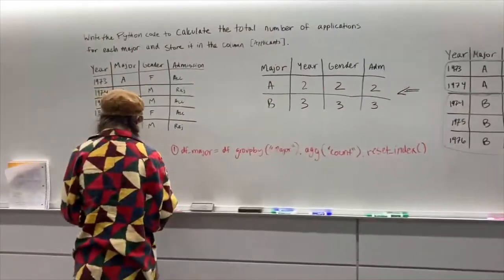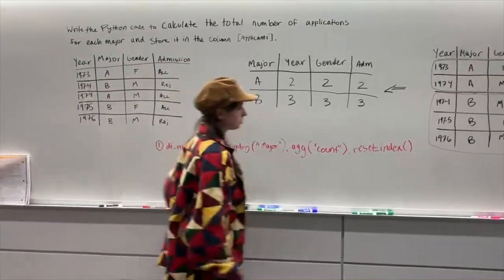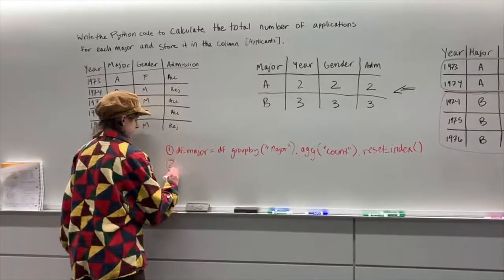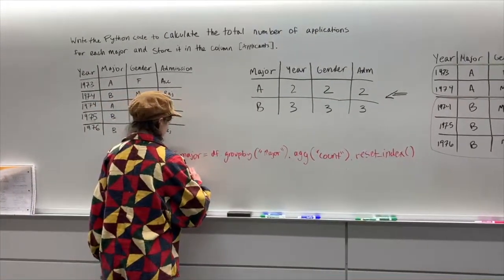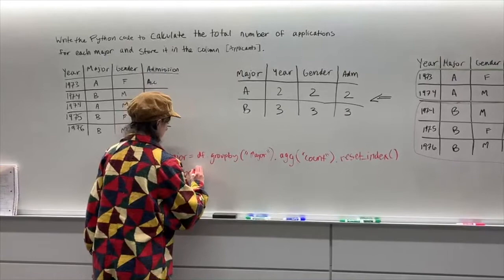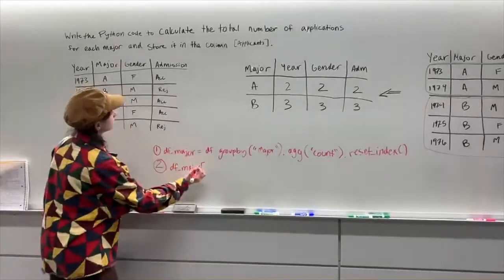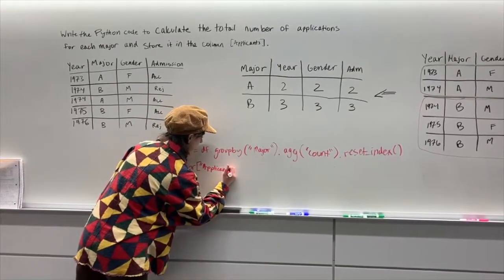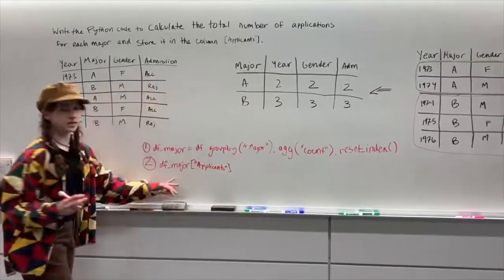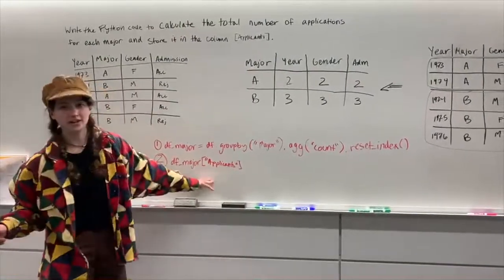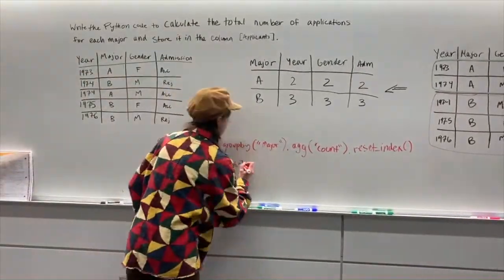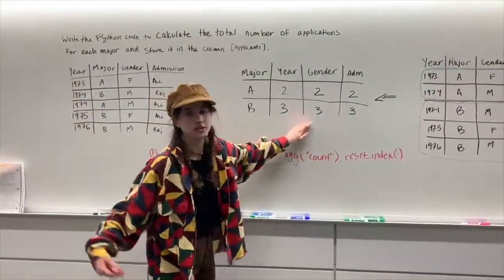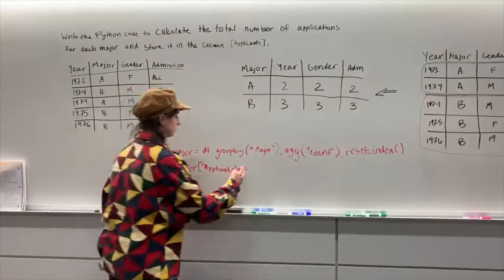So now we can create a new column in df major called applicants. This is how you make a new column. If you recall, you just put some brackets in there. And now you have the power. You can just set this equal to whatever column you want. It really doesn't matter because the data is going to be the same for each one.